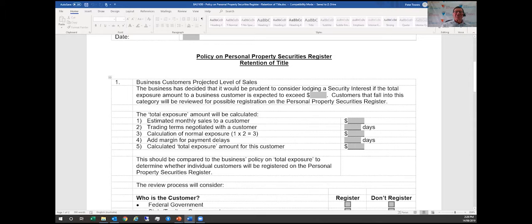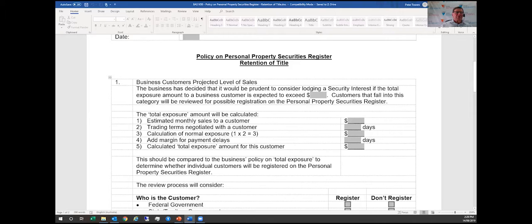The key question to the client is, what are they prepared to shrug and, in effect, write off if the client cannot pay them or they lose an asset to a liquidator? Now, if that's $500, they're basically going to be registering virtually every customer, I would have thought.